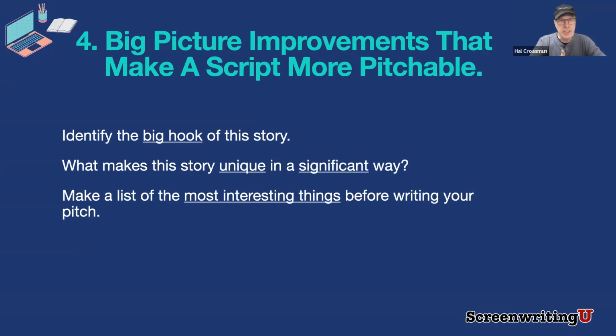There's 1,000 details in there. You've worked with this character journey over and over and over. You have all this stuff in your mind. And a lot of times people will just naturally write a book report of the story because they've been writing it, right? So make a list of the most interesting things.